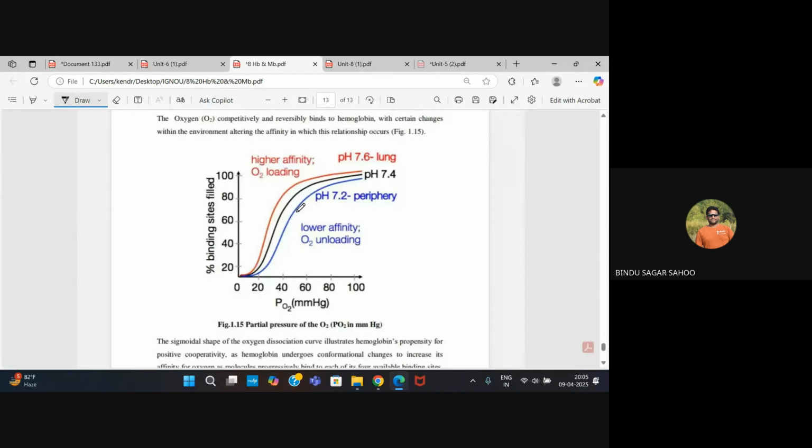So you can check here, when the pH is 7.2, that means a little bit towards the acidic medium, the binding tendency is a little bit lower. Yes or no? When pH is 7.4, the binding tendency is in the middle. And when pH is more, the binding tendency is more.